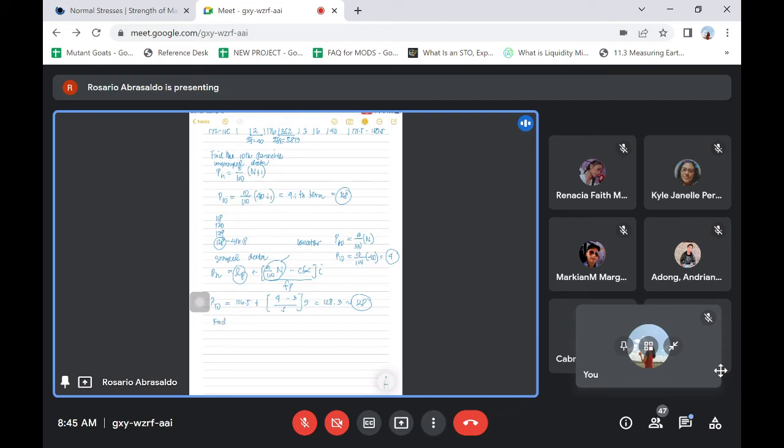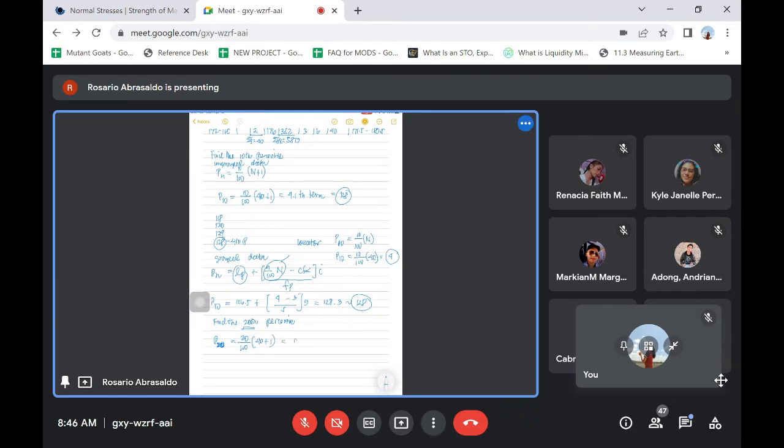Find the 20th percentile. Okay, 20th. So, P sub N, okay, P sub 20, is simply equal to 20 over 100 times 40 plus 1.